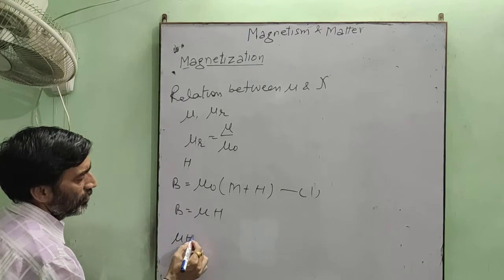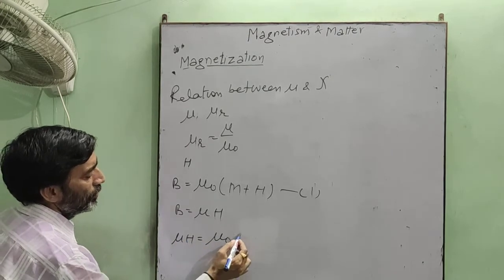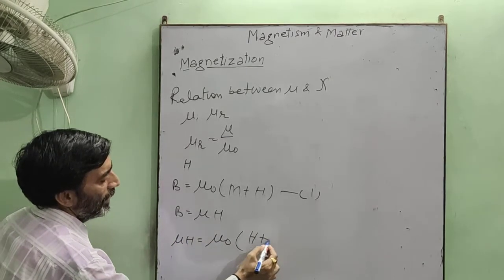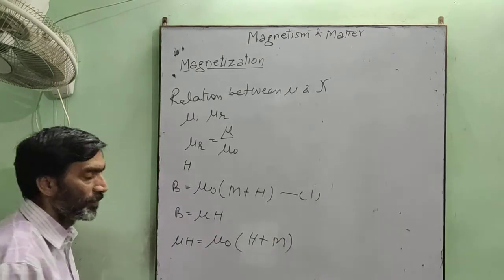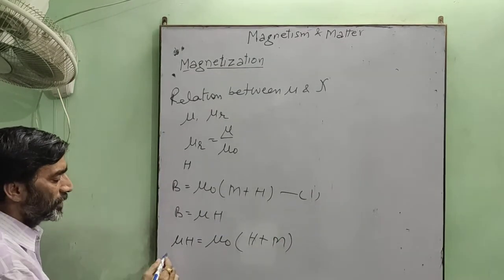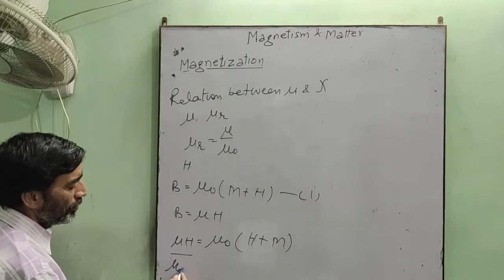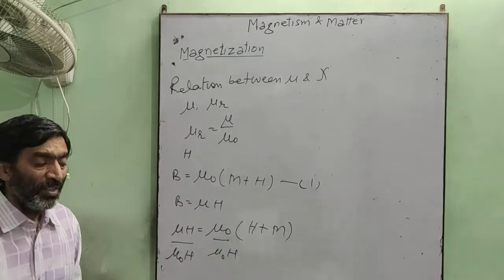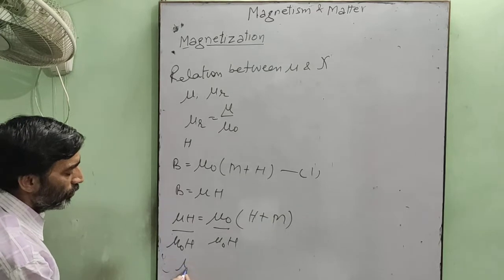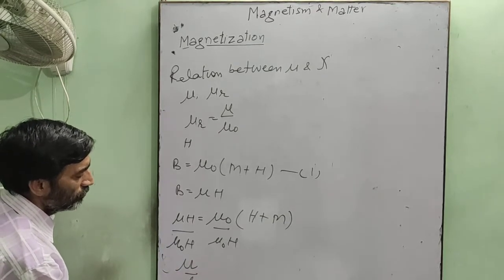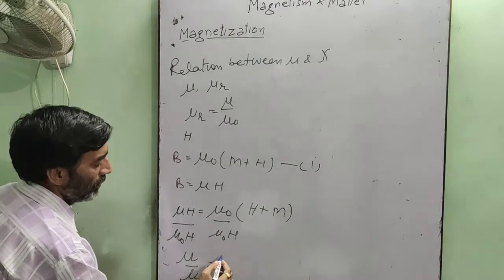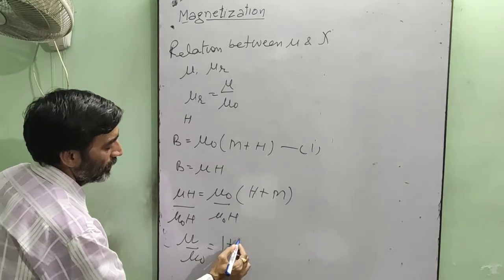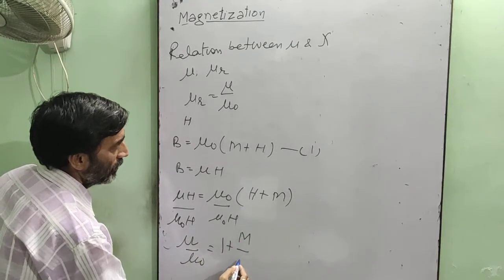Mu H is equal to mu naught (H plus M). Now dividing both sides by mu naught H, what we get: mu over mu naught is equal to 1 plus M upon H.